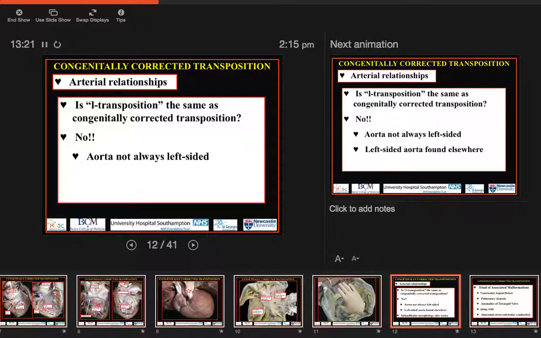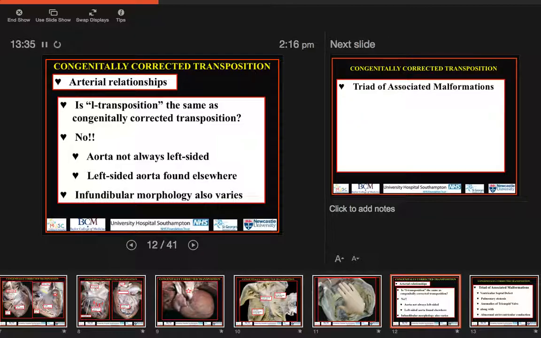Because the aorta is not always left-sided in the setting of congenitally corrected transposition. We can find left-sided aortas in patients who have regular transposition. And infundibular morphology also varies. So transposition IDD, for example, is congenitally corrected, and it is not L transposition.